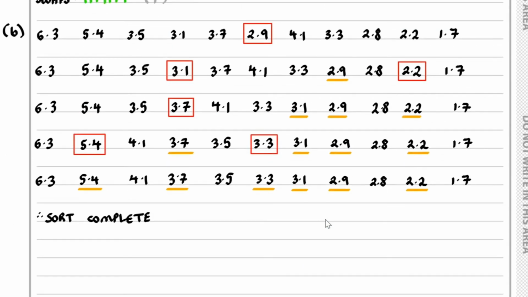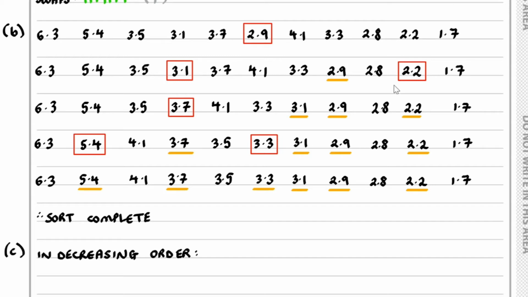Now, before we do anything else, what we worked out in part B was putting the original list into descending order. Now we need to use the first fit decreasing bin packing algorithm, which means we need to write down the numbers into descending order first and then apply the first fit algorithm.